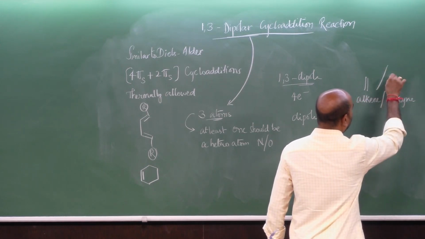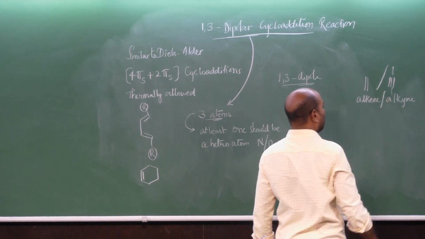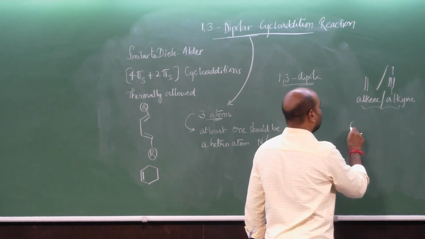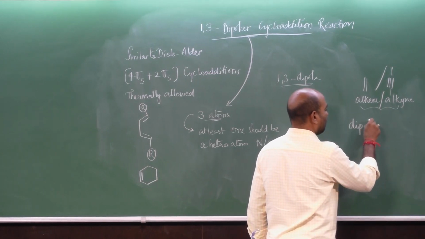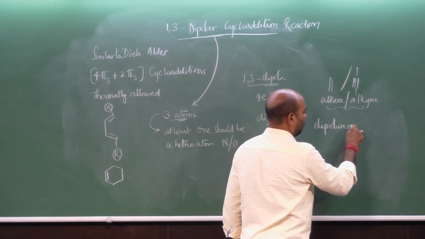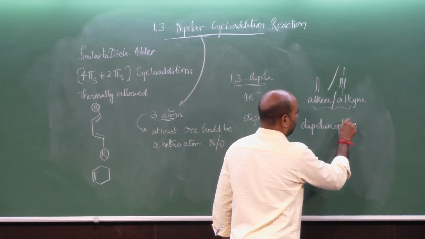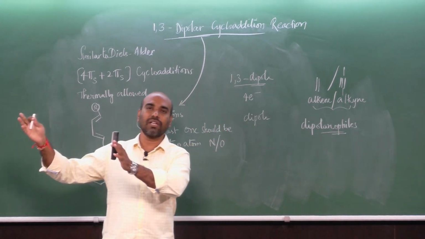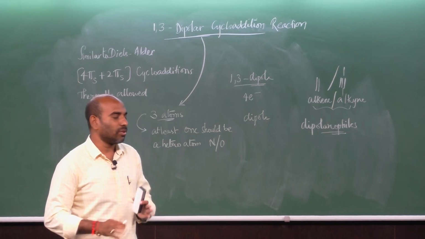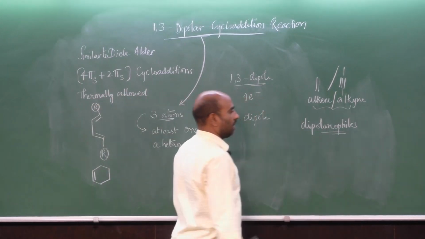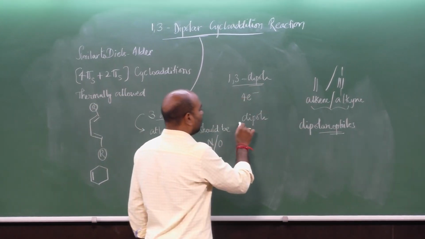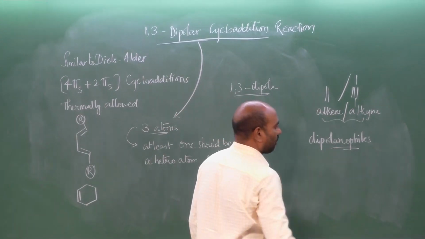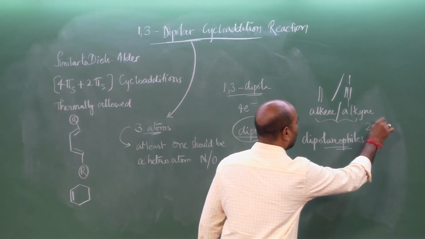Okay. So these are called dipolarophiles. In the typical Diels-Alder reaction, we call it a dienophile, but here it is a dipolarophile. The 4-electron contributing partner is the dipole, and the dipolarophiles contribute only 2 electrons.